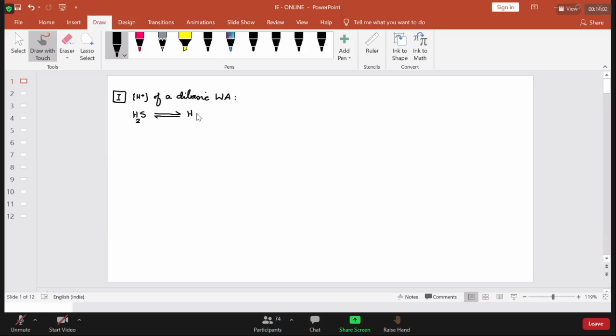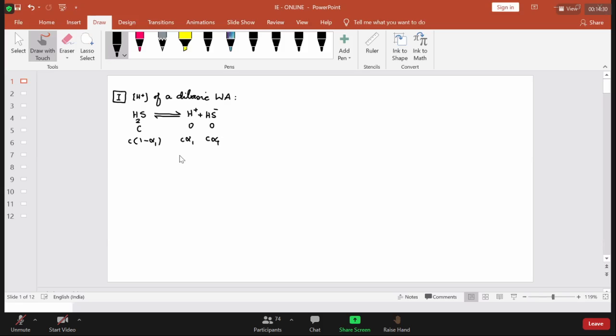Conceptually, this is the first stage of dissociation. Suppose it is C, 0, 0 initially, then C into 1 minus alpha 1, C alpha 1, C alpha 1.